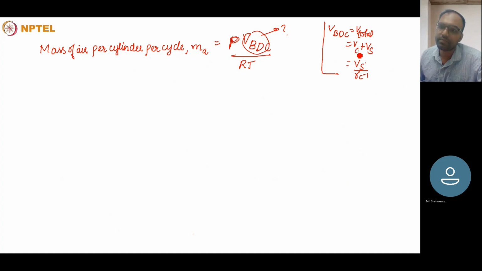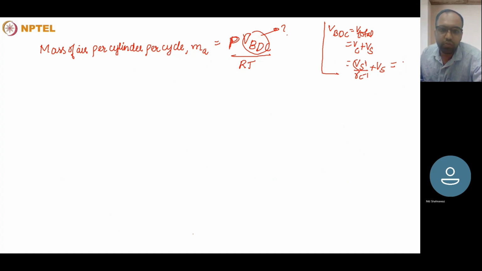So from that we can get clearance volume is equal to stroke volume divided by compression ratio minus 1, plus stroke volume. That will be giving the total volume. The stroke volume we need to calculate.